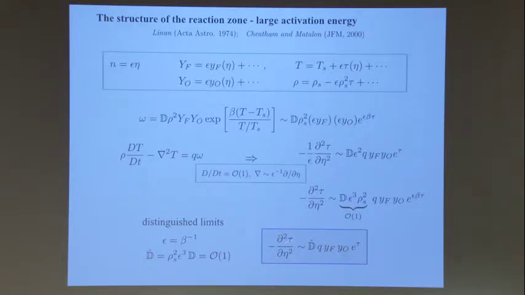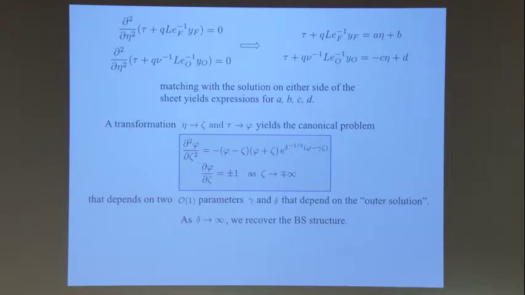Now the problem is this. You have the heat conduction, you have a fuel and oxidizer, but you also have a strong temperature dependence through this exponent, and that, you will see, makes a huge difference. So again, this is very similar to before.